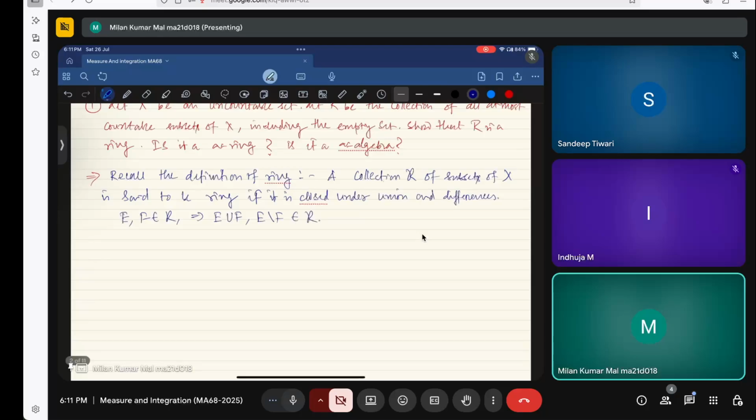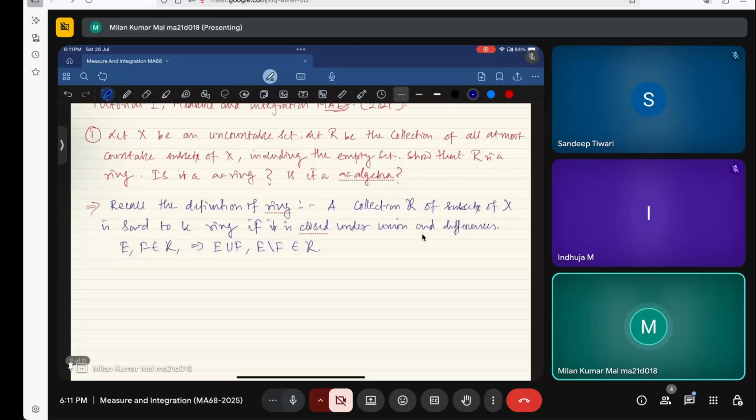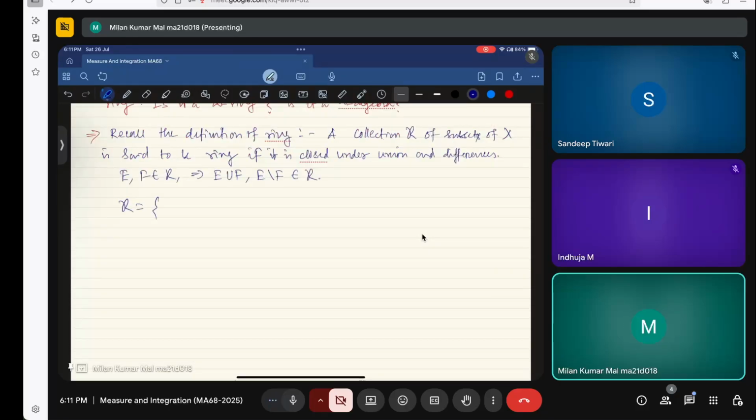Here the collection R is the collection of all at most countable subsets of X. So let's take E a subset of X such that E is at most countable.